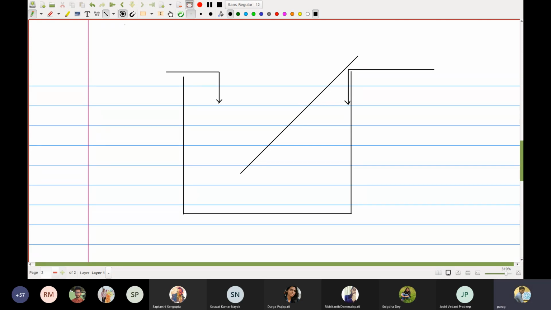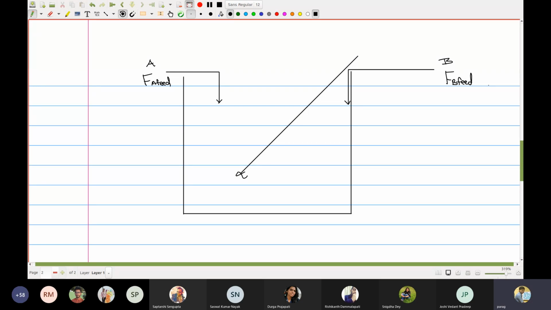Okay, so now we have a stirrer, we have input stream A, and we have input stream B. It's a continuous system, so you will have the flow rate of A. So A in feed, this is the volumetric flow rate of A in feed, and volumetric flow rate of B in feed.